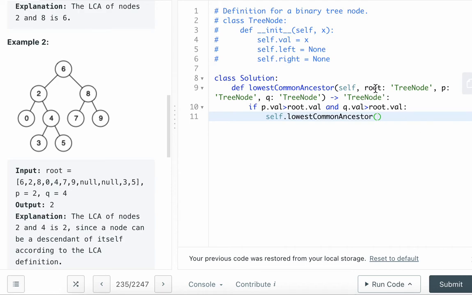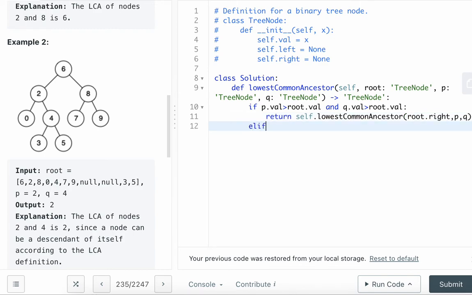Originally the parameters are root, p and q. I'm going to pass root.right, and p is still p and q is still q. Then I return the result of calling this function, so it runs recursively on the right side of the tree and continues to look for the lowest common ancestor until it finds the answer.